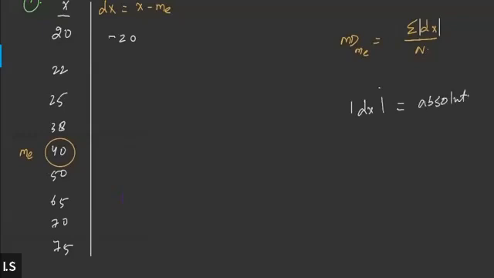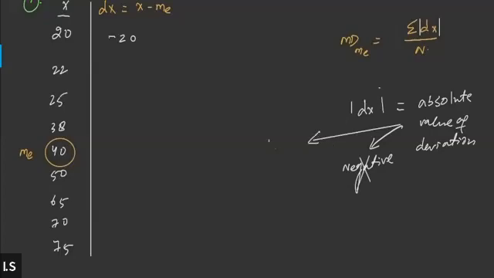The absolute value of deviation will be there. What do you mean by absolute deviation? Absolute deviation means that while calculating deviation, if you get a negative value, you have to avoid the negative sign. You should always consider the value in positive terms. Are you understanding this?